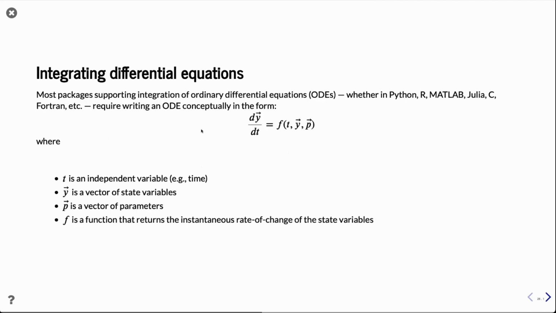And in SciPy, as well as in lots of other languages, there are packages that provide support for integrating these kinds of equations, and they typically all require writing the ODE in this canonical form. So we have some vector of state variables y, and we have to specify the right-hand side of this differential equation encoded in some function f, which is potentially a function of time, of the state variables, and some vector of parameters.